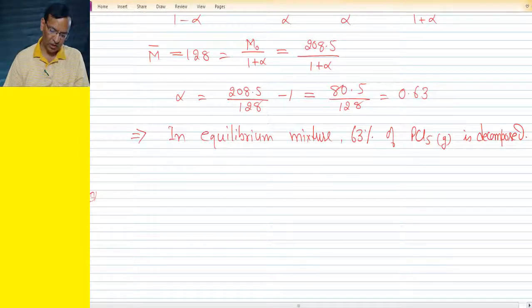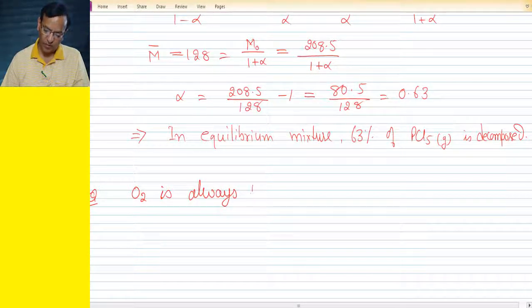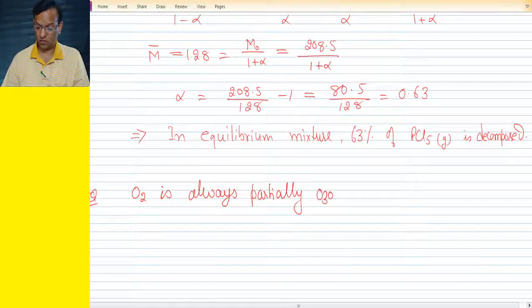Let us take one more situation. The question is that oxygen is always partially ozonized.